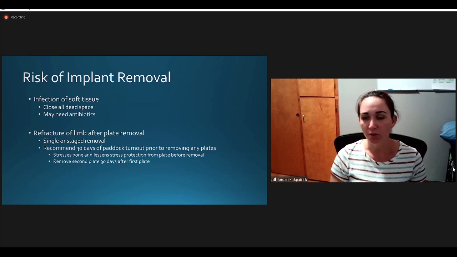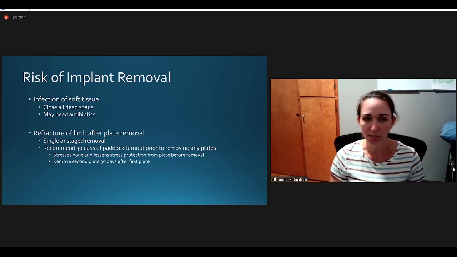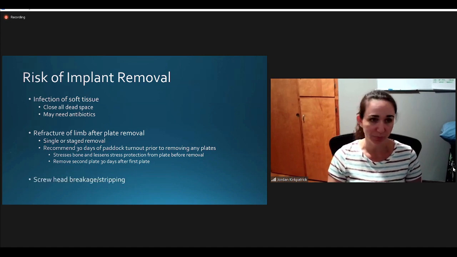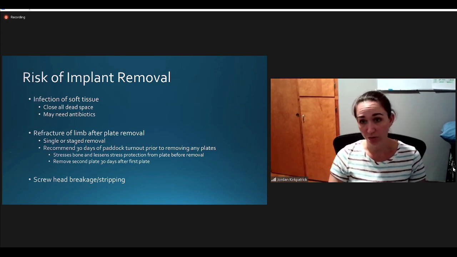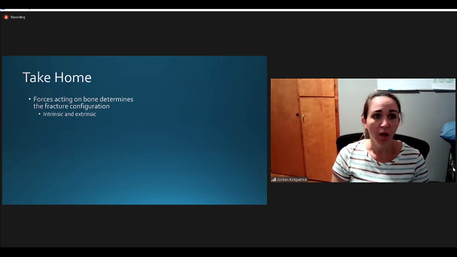That helps the bone start to remodel and get stronger before taking the second stabilization plate away. And then you can also potentially break the screw or not be able to get it out, which is a whole other thing to deal with that we will not go into in this lecture.